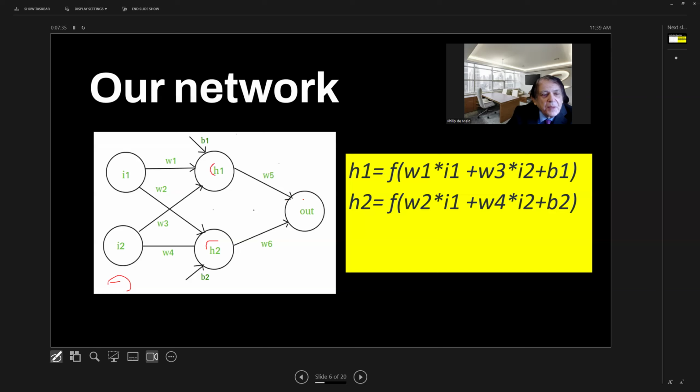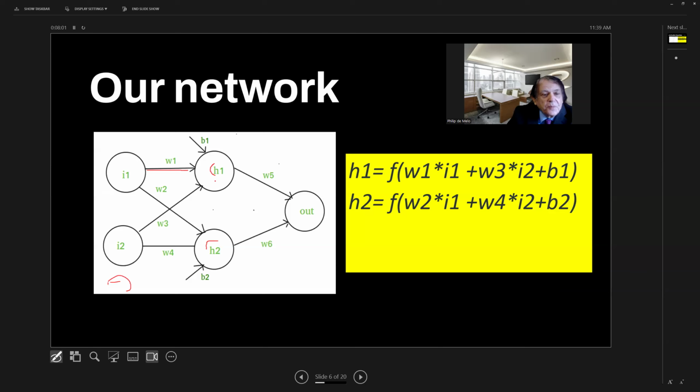And this goes to the final output that will give information here and, for instance, classify an object. So it will give you some result of this neural network. From I1, as I said, we multiply by W1, and this comes to H1.